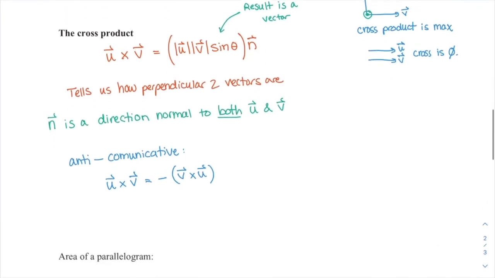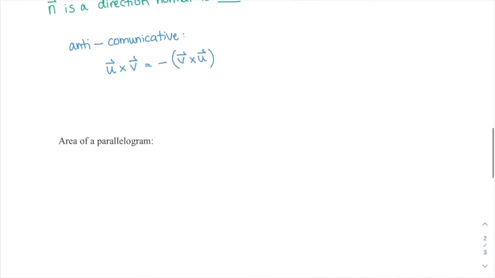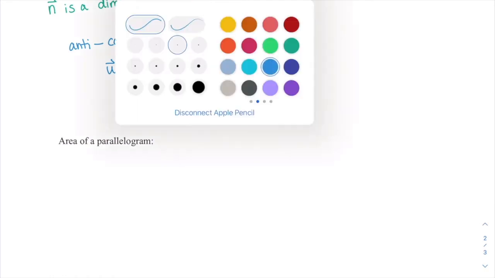Now, one of the interesting geometric properties of the cross product is it gives you the area of a parallelogram spanned by the two vectors.